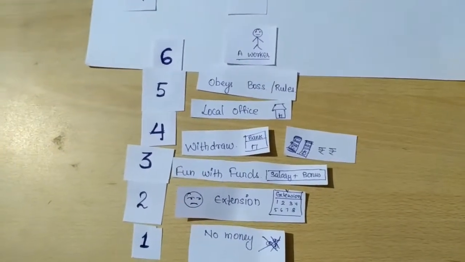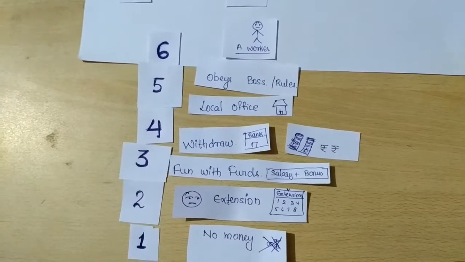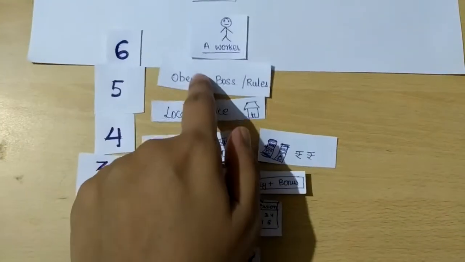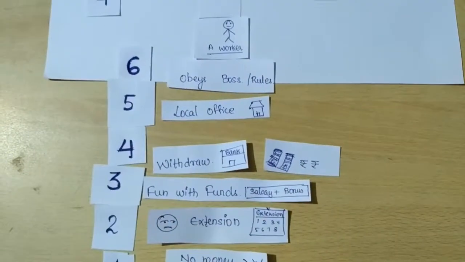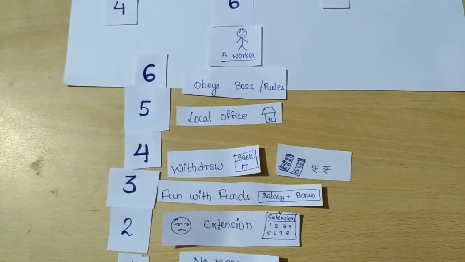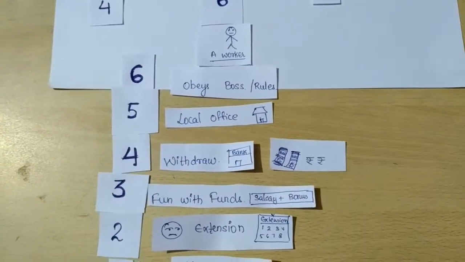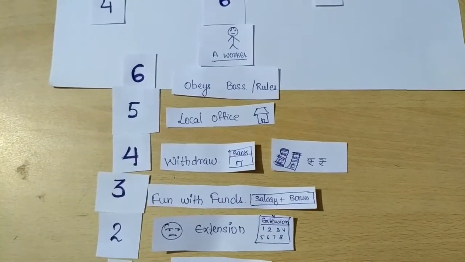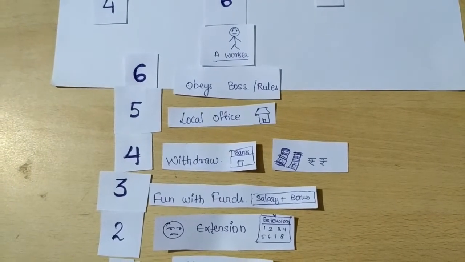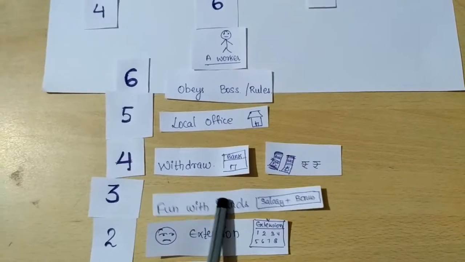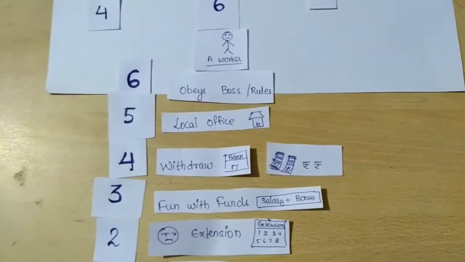So if a person obeys commands, he will get 6. If he localizes to pain, he will get a 5. If he withdraws to pain, he will get a 4. Fun with funds gives us a hint for abnormal flexion.